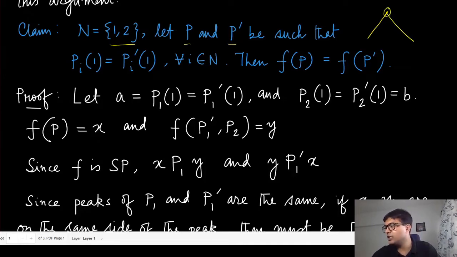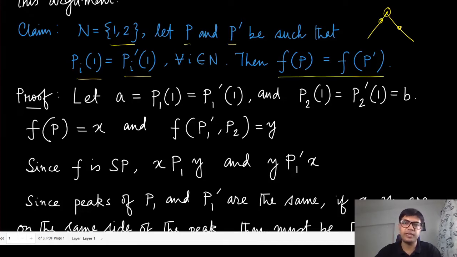The relative ordering between the alternatives on the two sides of the peak might be different, because there is no rule about what happens for alternatives on the other sides of the peak. That might change, but their peaks do not change. So for both player 1 as well as player 2, in these two different preference profiles, their peaks remain the same. And then the claim says that the outcome should also remain the same.